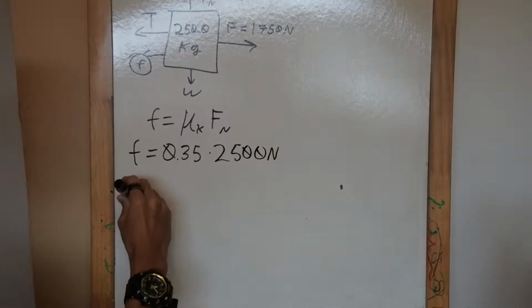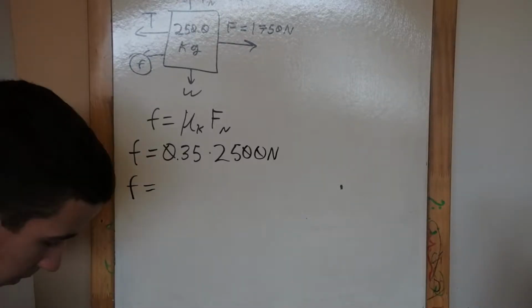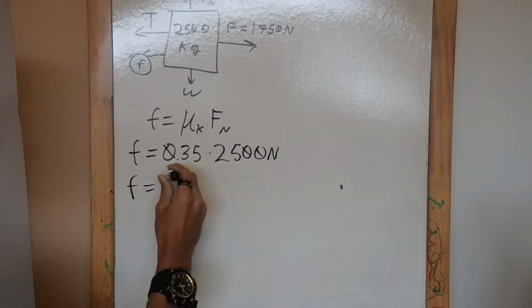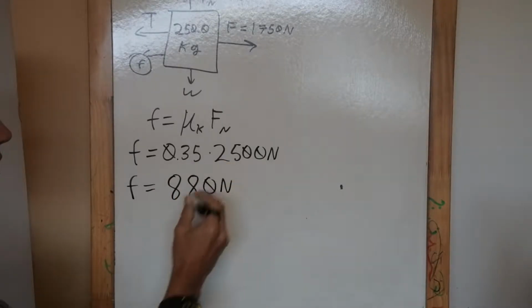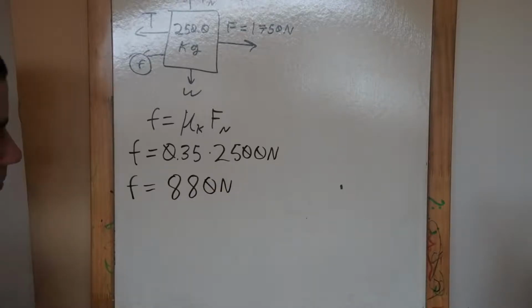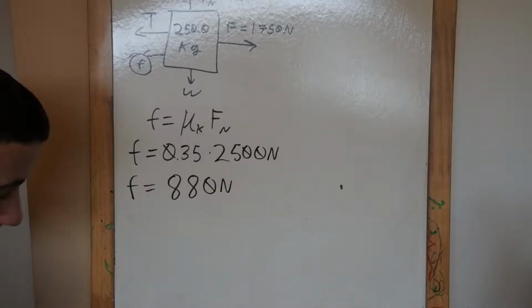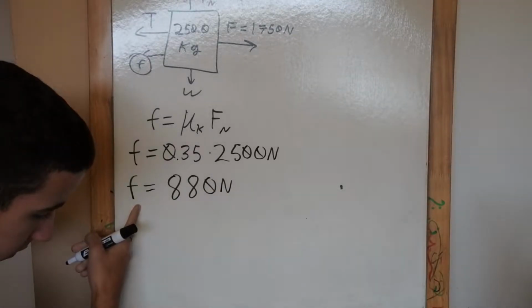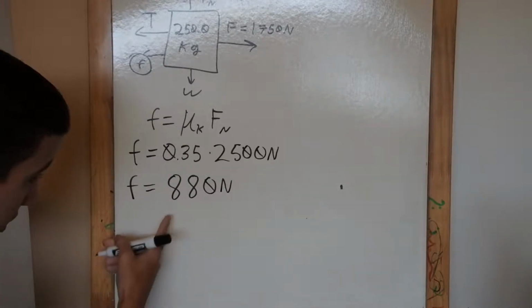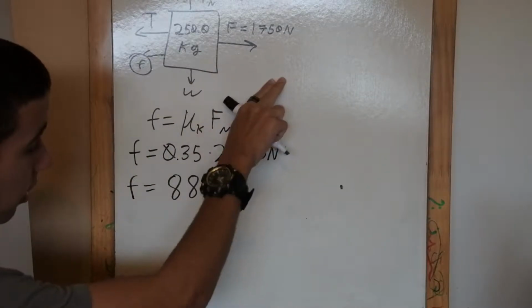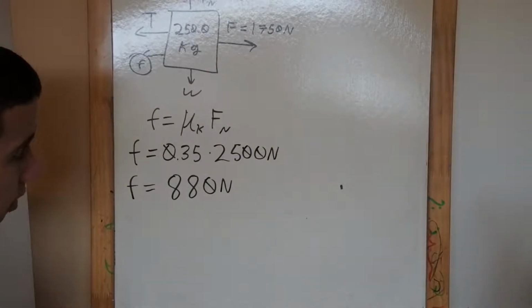Okay? We work this out. We get 880 newtons. Again, 2 significant figures, the 8 and the 8. So this is our little f for this box. The friction is resisting the movement this way with a force of 880 newtons.